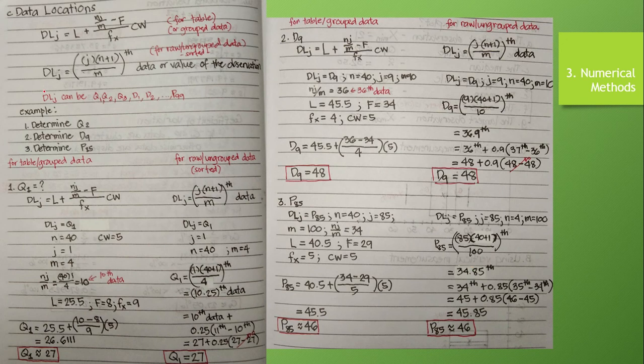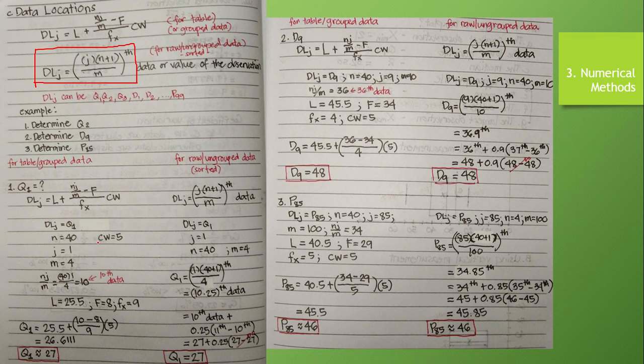By the way, it was not presented. For ungrouped data, we can use this equation or formula. You have J times N plus 1 over M. So that will then be the nth data or observation. So this is the calculation.